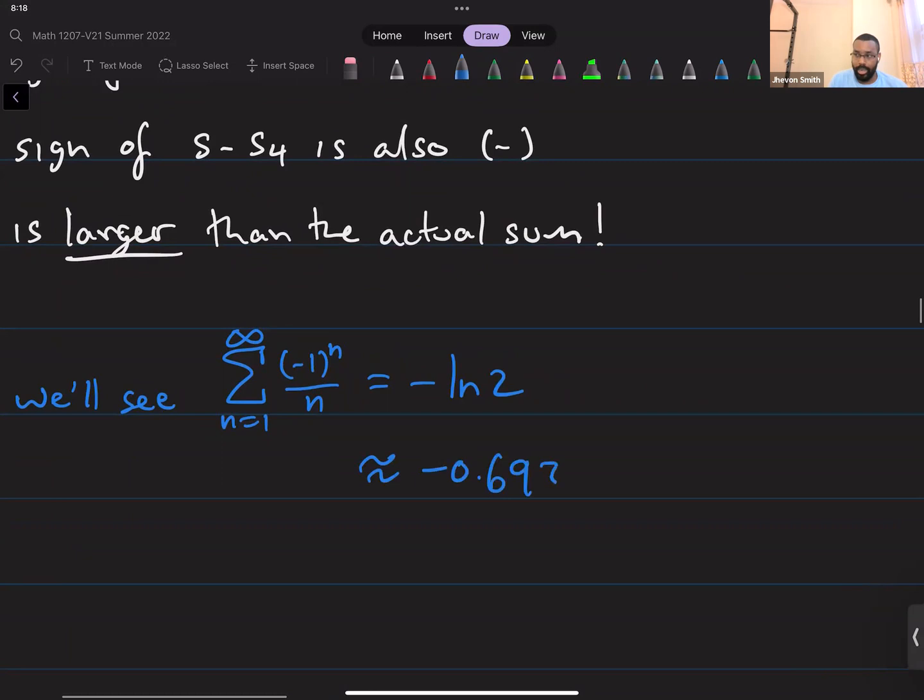It's 0.693147, 314,718, blah blah blah. So it is around 0.7, which is actually pretty cool.